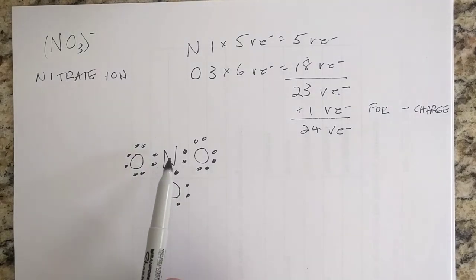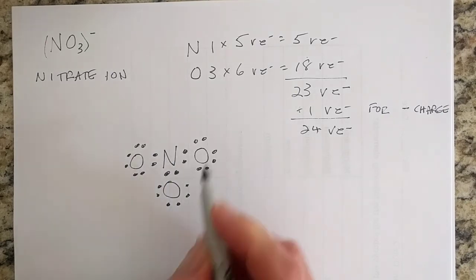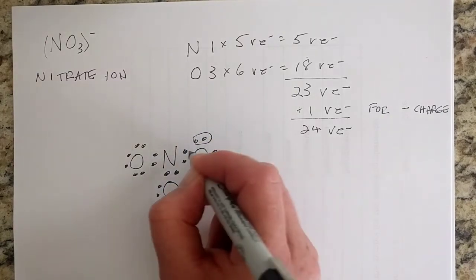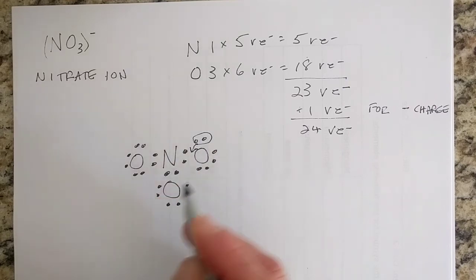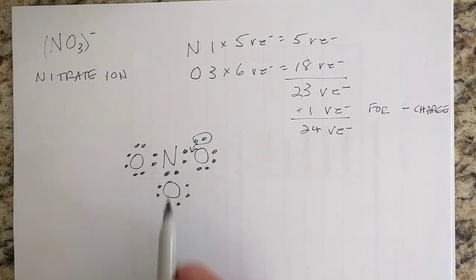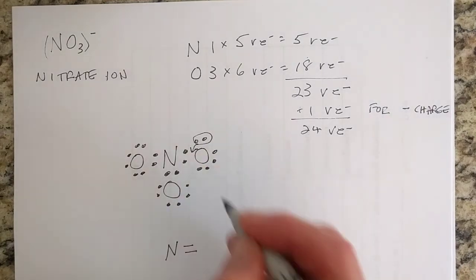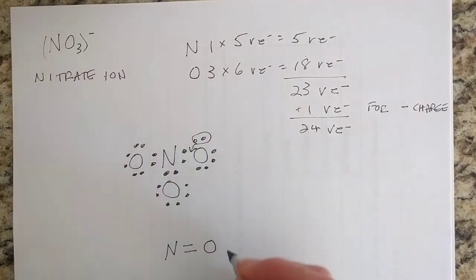So we got to move some electrons to give this nitrogen an octet. So we can take these two and bring them in. And it wouldn't matter, you could take these two, you could take those two. When you do that, you get a double bond, and then this oxygen still has its lone pairs of electrons.